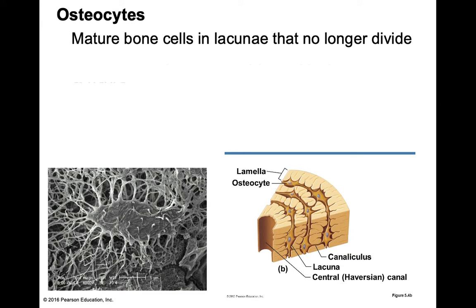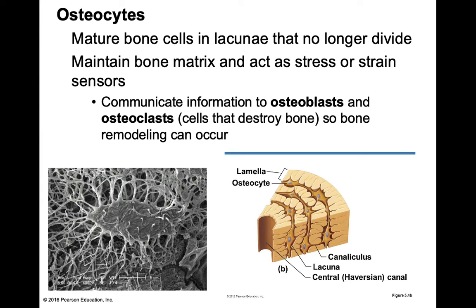Then we have osteocytes, mature bone cells in the lacuna that no longer divide, maintain bone matrix, and act as stress or strain sensors. They communicate information to osteoblasts and osteoclasts, cells that destroy bone, so bone remodeling can occur. These little guys almost look like nervous tissue when you look at them in the microscope.